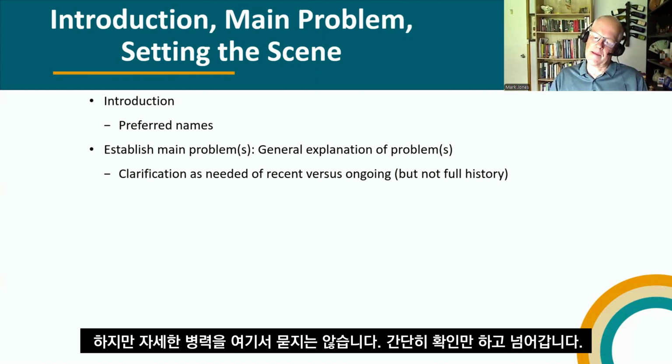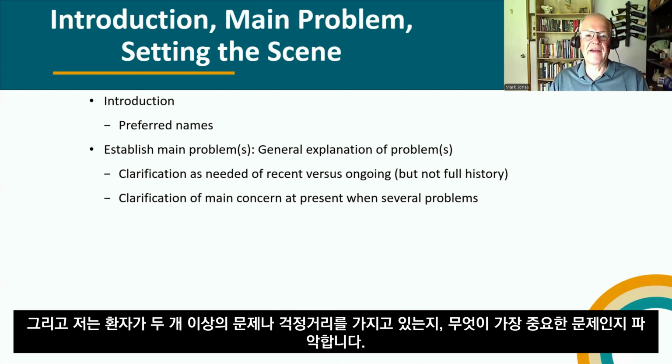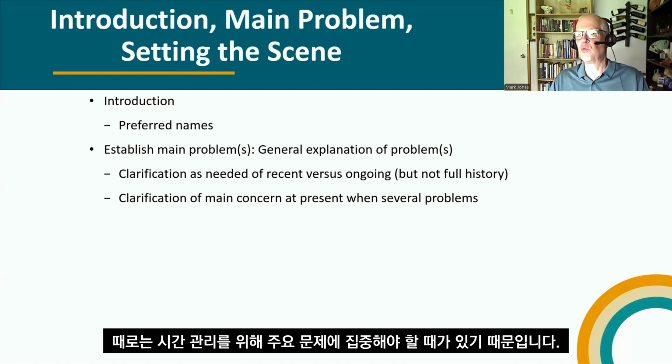But I'm not going to stop and take a full history. I'm just going to clarify the time frame. And then I need to clarify, if they have more than one problem or concern, which is the main one, because sometimes we need to focus our examination on the main one as sort of a time management.